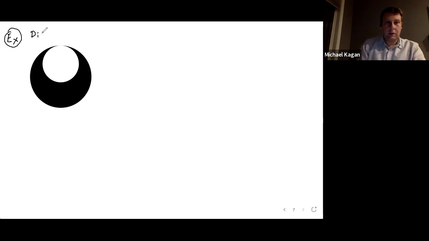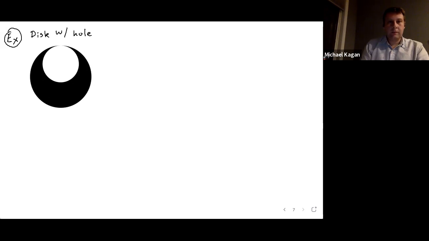So, disk with a hole. R is the radius of the disk, and that's given.